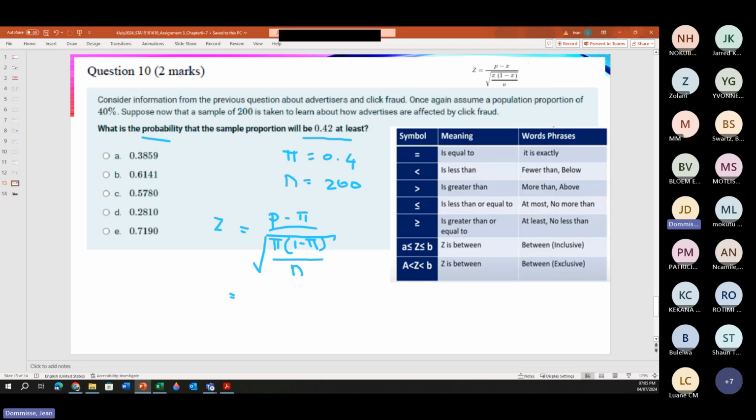Okay, so they tell us: what is the probability that the sample proportion will be at least? So let's just again look at 'at least'. Okay, there it is. So bigger or equal to, so 0.42 minus 0.4, divided by the square root of 0.4 times 0.6, over 200.